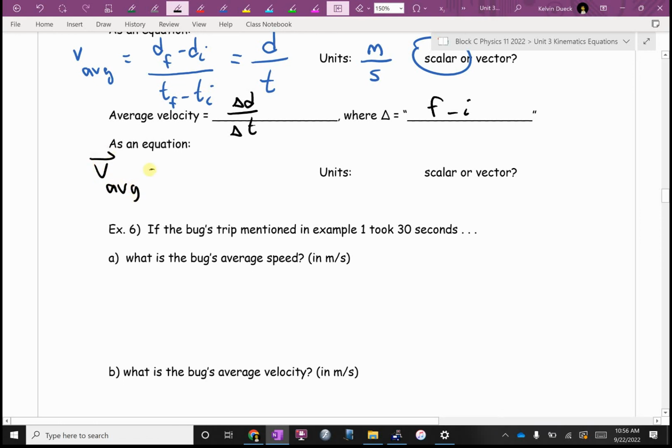Average velocity is displacement over time. They're both technically change-ins, so we get a little bit sloppy, a little bit casual. And time is a scalar. We don't put the vector sign on it. Units would also still be meters per second. This would be a vector.